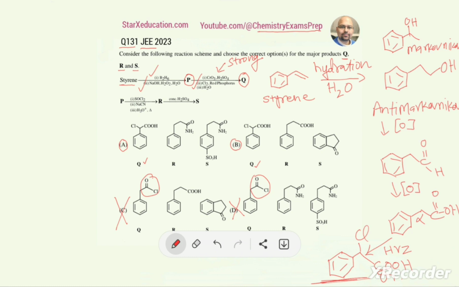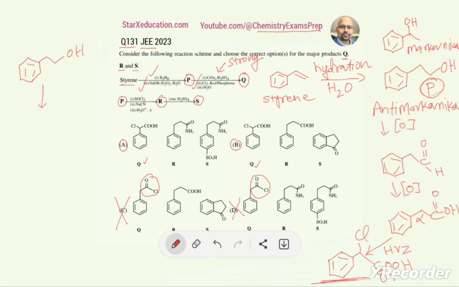So now to help us get to the identity of R and S, we are given another reaction sequence where the compound P, which is our alcohol, would undergo halogenation.